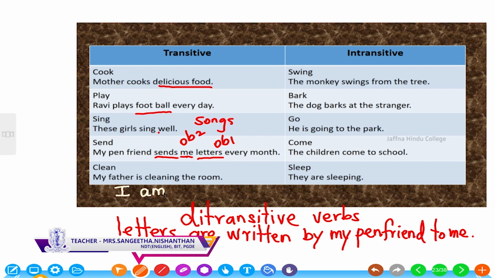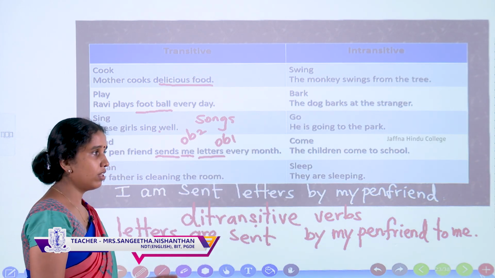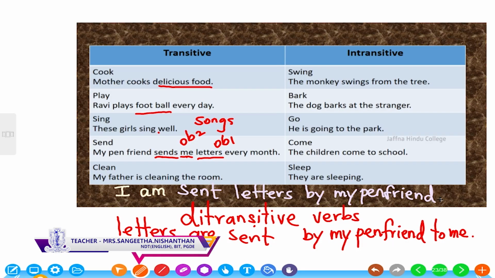I am sent, past participle of send, sent. I am sent letters by my pen friend. These are the two forms of passive voice when we see a ditransitive verb.